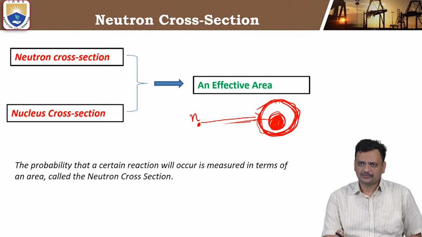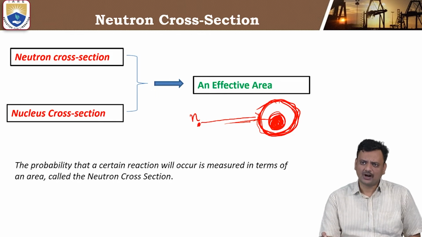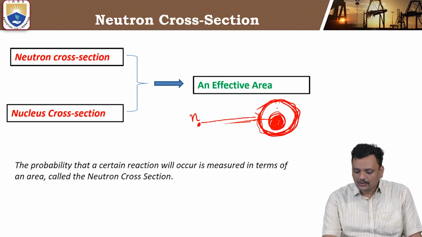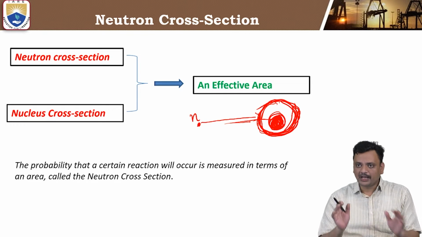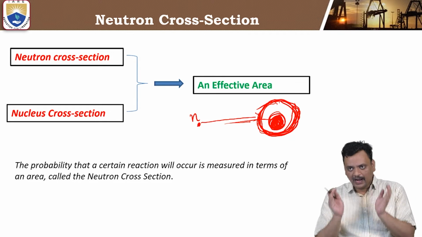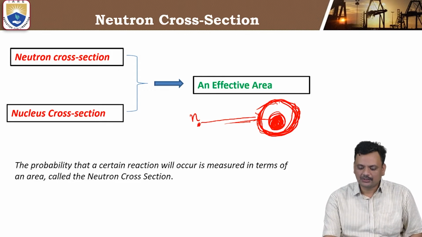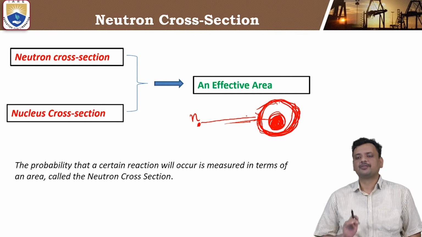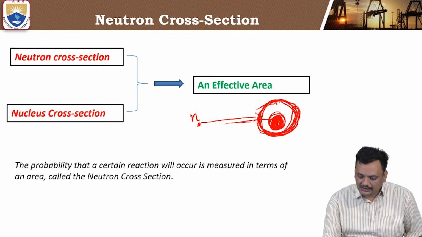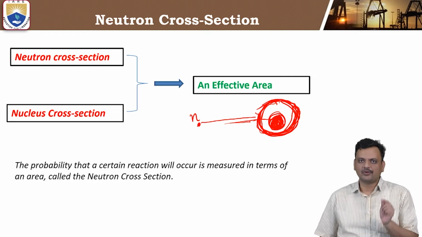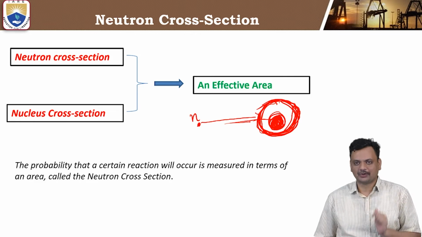Those forces are very short range, but very, very powerful. So in the potential region nearby the nucleus, the incident neutron will go for nuclear reaction. This region is known as a cross section for both neutron and nucleus.